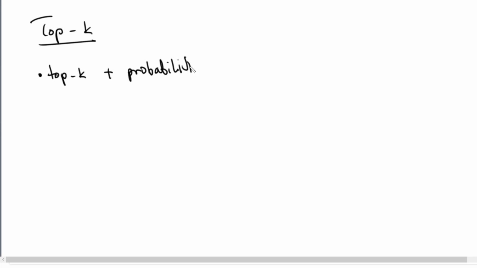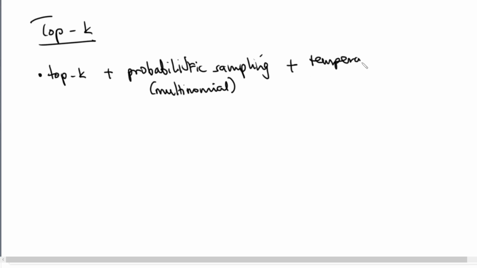So if we combine top K with our multinomial, which is probabilistic sampling, let me just write here top K. Our idea is we are going to combine this top K that we're going to discuss here, plus our probabilistic sampling, where instead of using argmax, we use multinomial, plus our temperature scaling.